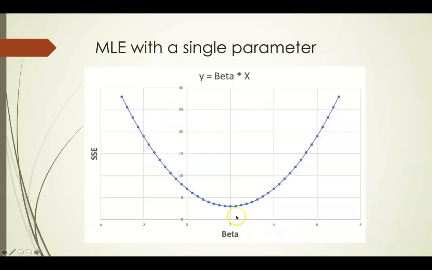To help us think about this conceptually, consider a maximum likelihood estimate with a single parameter. We'll call that single parameter beta. That's going to be the slope of a line with no y-intercept, so it's forced to go through 0, 0, the origin. In this case, this is just a linear model, and with linear regression, the value that we're trying to minimize is the sum of squared errors.